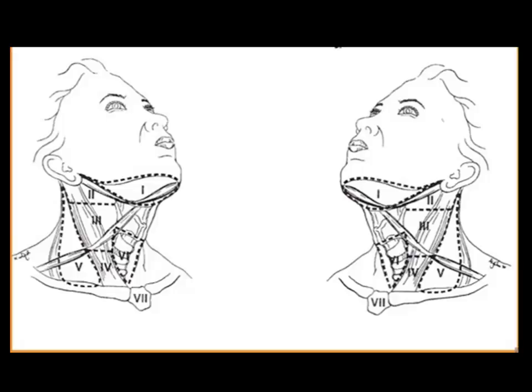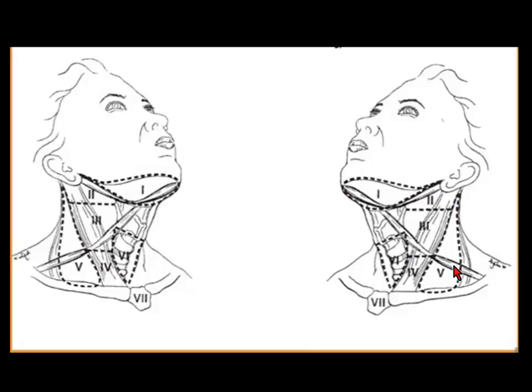Yeah? So the landmarks are the mandible, the angle of the mandible, the hyoid bone, the cricoid, and so anything above and between the hyoid and cricoid bone is 3. Above that and posterior to the angle is 2.